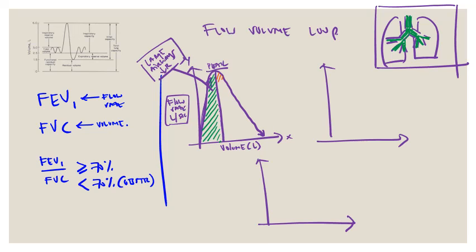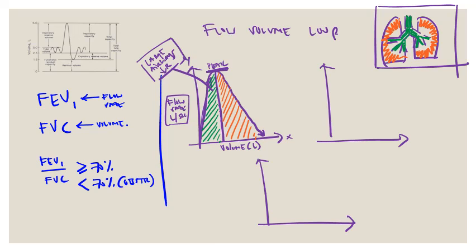So this second portion, which is more of a gradual decline in the graph, is going to be represented by the small airways. So this is the terminal bronchioles and the alveoli themselves.